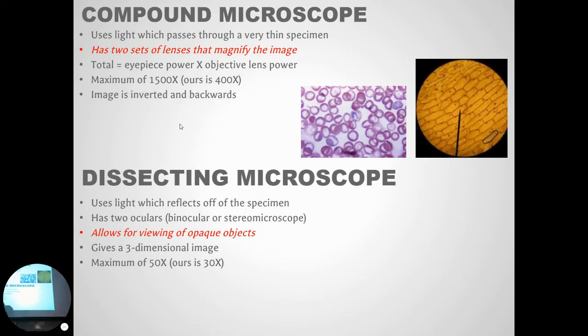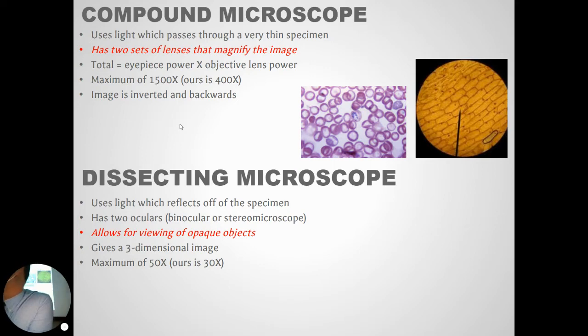So this dissecting microscope, it uses light coming from above, which bounces off of the object and then comes through the lenses.